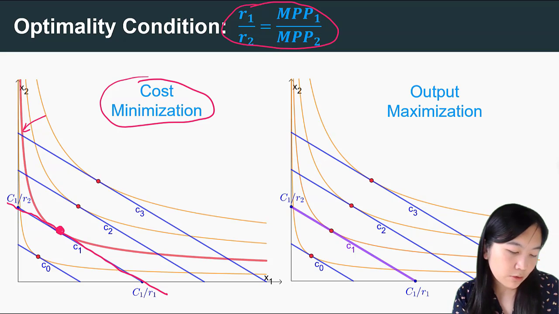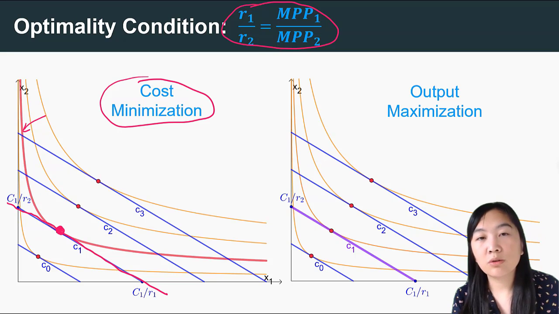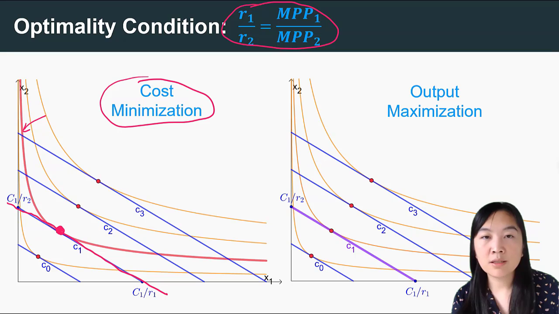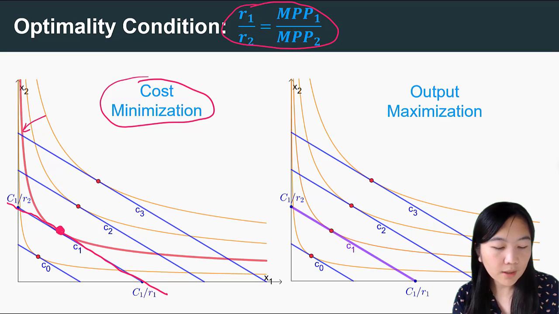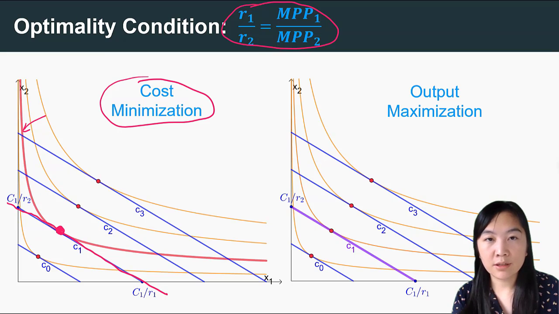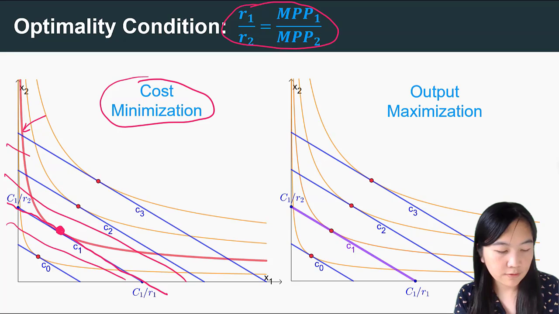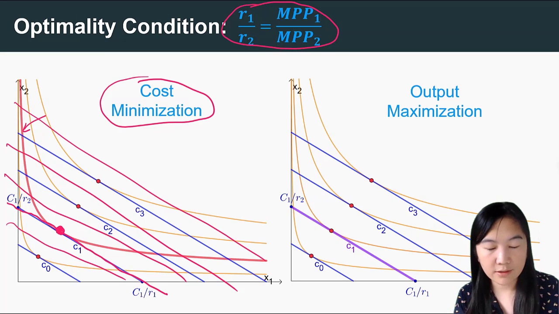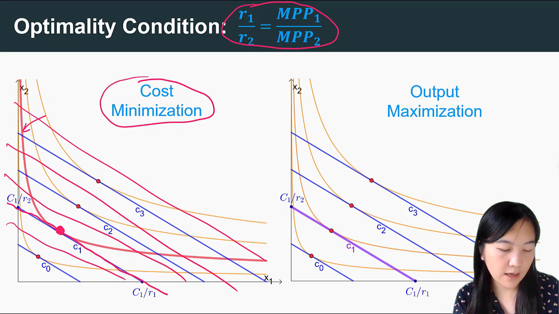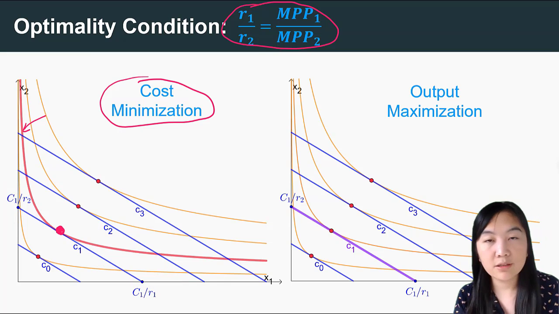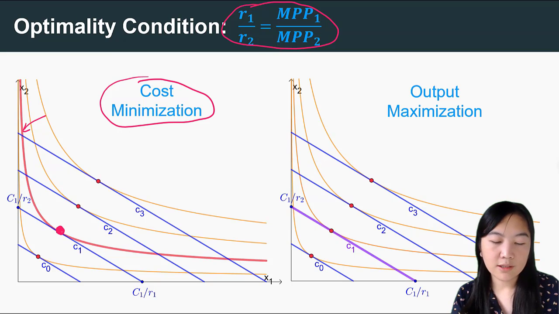Then this is the point where your cost will be minimized. So again, you're given an isoquant curve, then you draw a bunch of different isocost lines, and you want to find exactly the isocost line that is tangent to your predetermined isoquant curve.